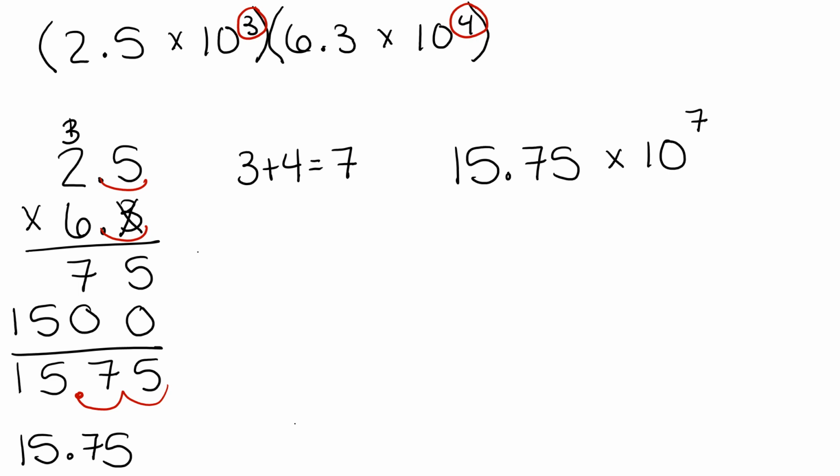However, this answer is not in scientific notation. Remember, the decimal point always needs to go towards the front. We want it to be 1.5, not 15.75. When we move the decimal up to make it 1.575, we move the exponent up as well. So 7 goes up to an 8.